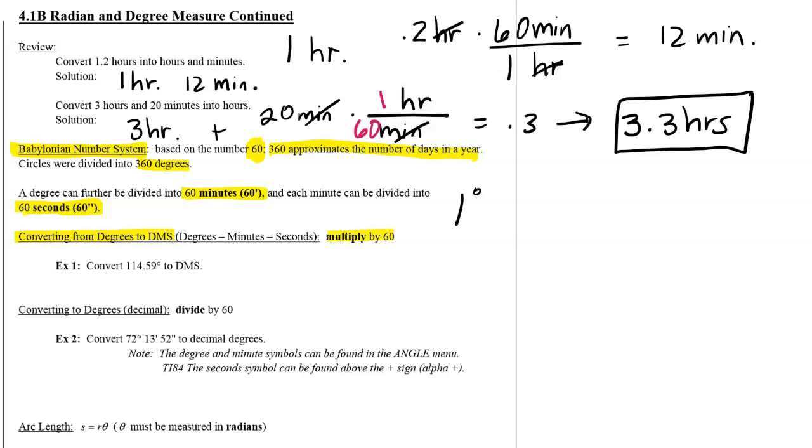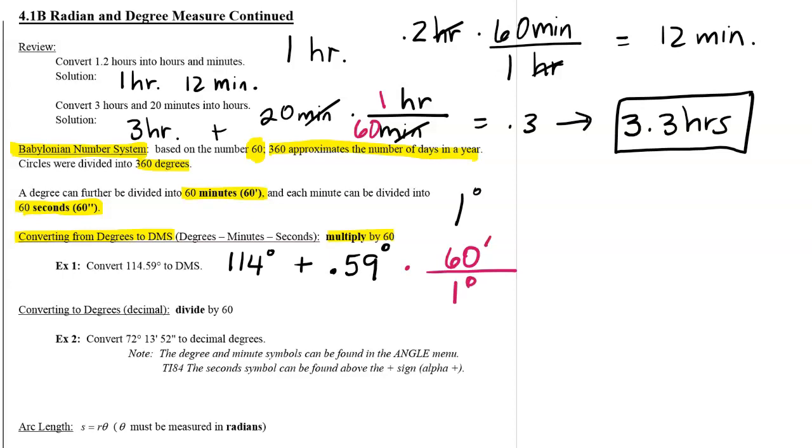So if you have 114.59 degrees, you would say, all right, well, I have 114 degrees. And then what I want to convert is this decimal part. So right now I have decimal degrees, 0.59, and I want to change that to minutes. So the conversion table, you're going to multiply that part by, there are 60 minutes in 1 degree.